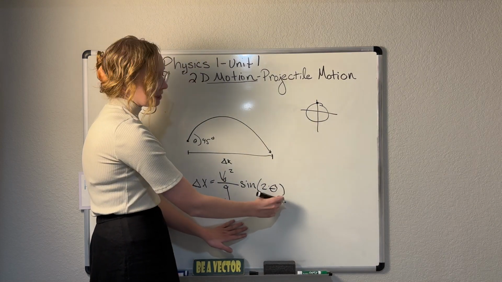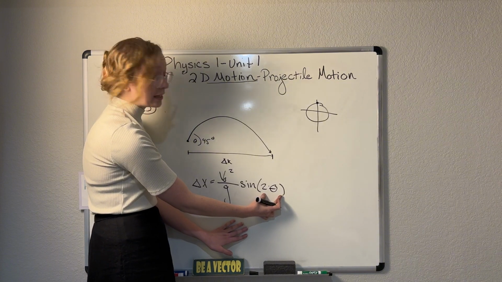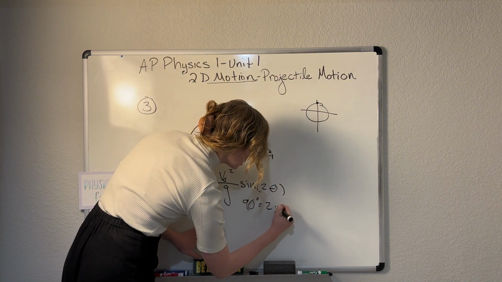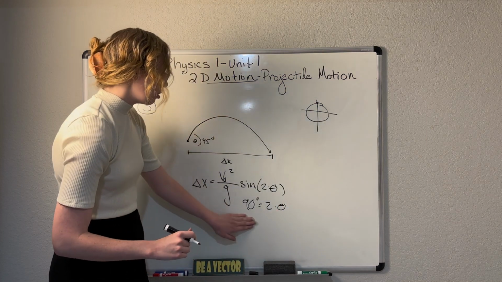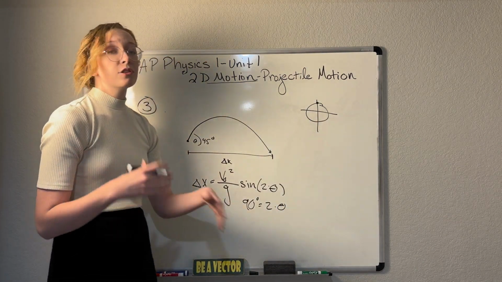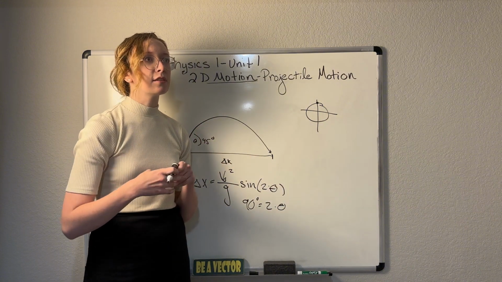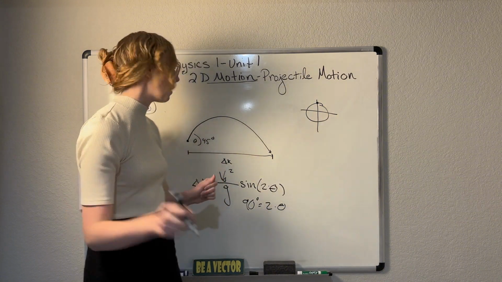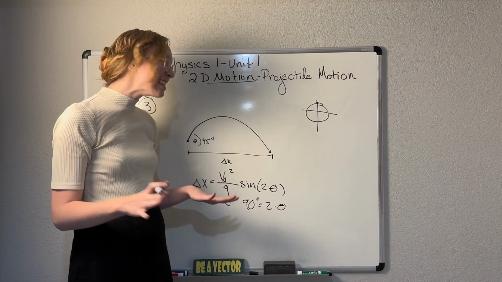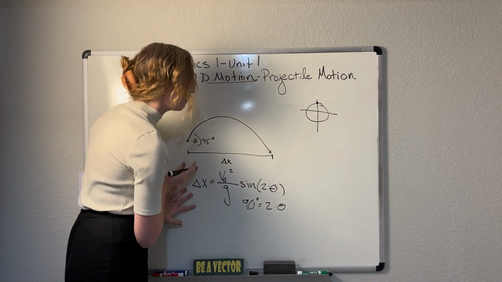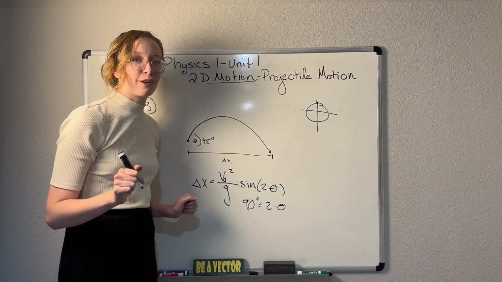So if we want this thing that's in here to equal 90 degrees, that means we're looking for 90 degrees is equal to 2 times theta. So we divide by 2, theta is equal to 45. So if you're playing football in a place with gravity but no air resistance, you probably have bigger problems to worry about. But assuming there is no air resistance, the optimal angle to throw that football at to achieve the greatest range is 45 degrees.